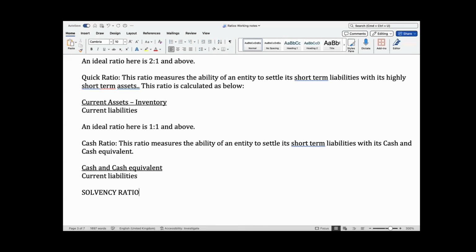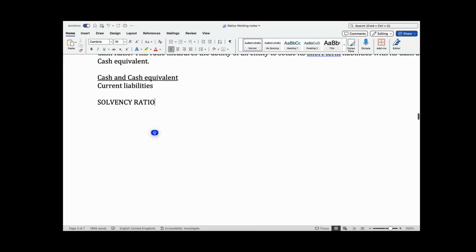And the next one is solvency ratio. And this ratio is sometimes called debt ratios.